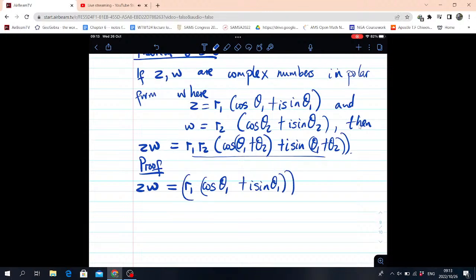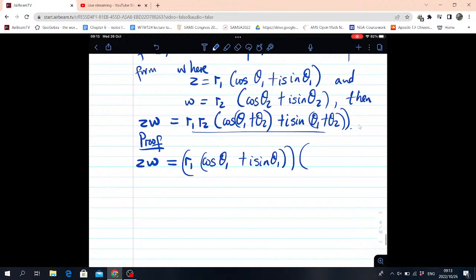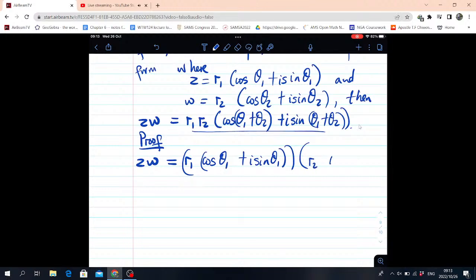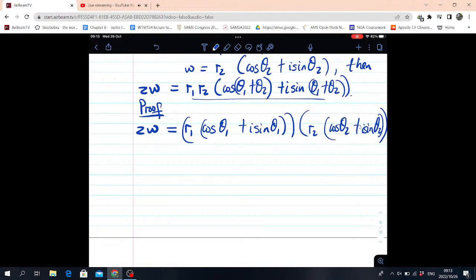That's the z, and then our w is going to be r2 cos theta 2 plus i sine theta 2, like that. And then if we multiply the two, we can take these ones out. So we've got r1 times r2, and then what is left is to multiply this by that.